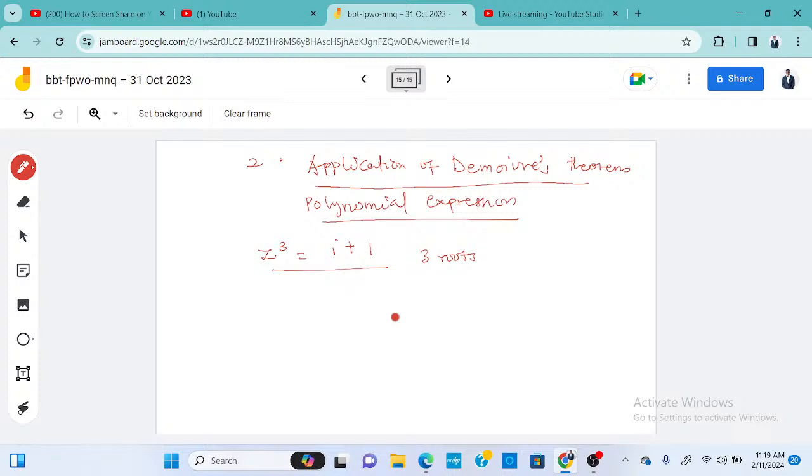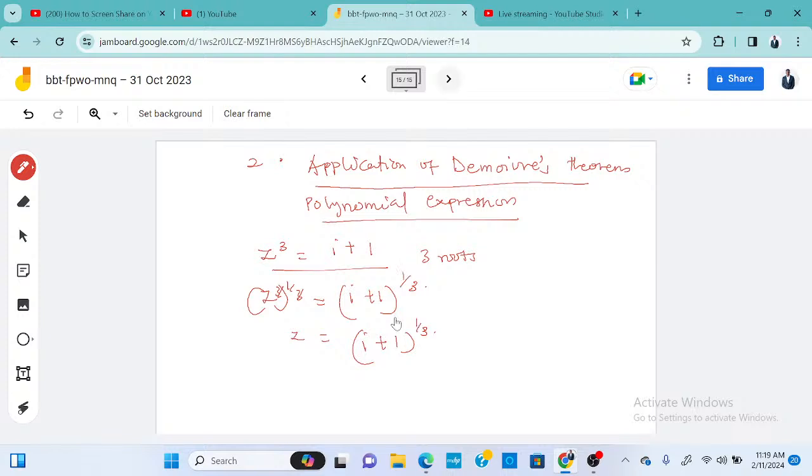What do we do? We take the power 1 out of 3 on both sides, and the cube and the power 1 out of 3 cancel, and I'll get z to be equal to (i plus 1) all to the power 1 out of 3.